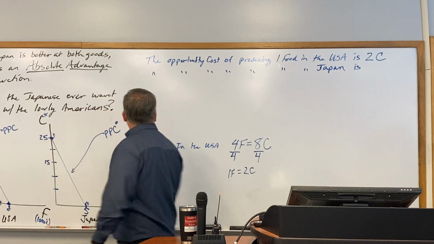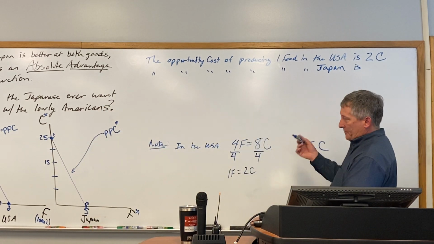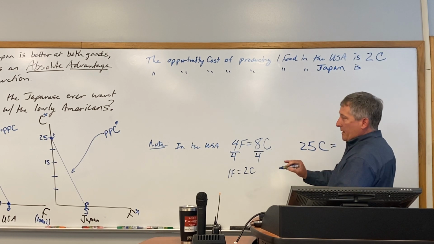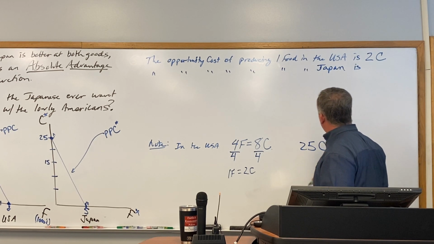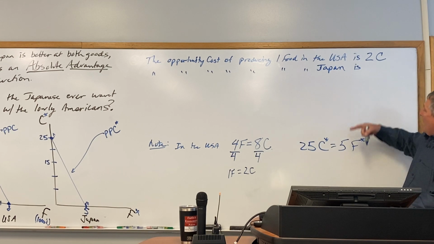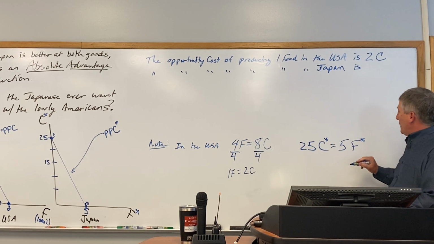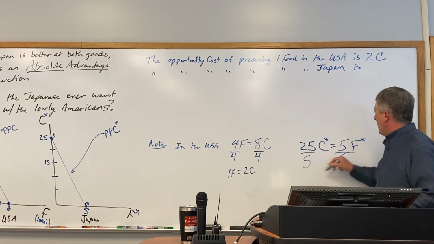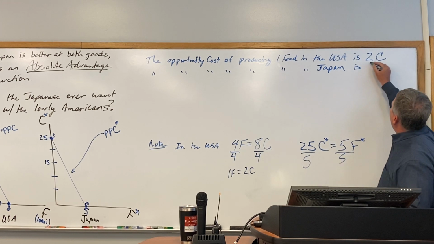So I could have 25 cars and 0 food, or that's equal to the 5 food in Japan. Let's put some F stars and C stars up here. I don't want the cost of 5 food, I want the cost of 1 food. Divide by 5, divide by 5. 1 food in Japan is equal to 5 cars.